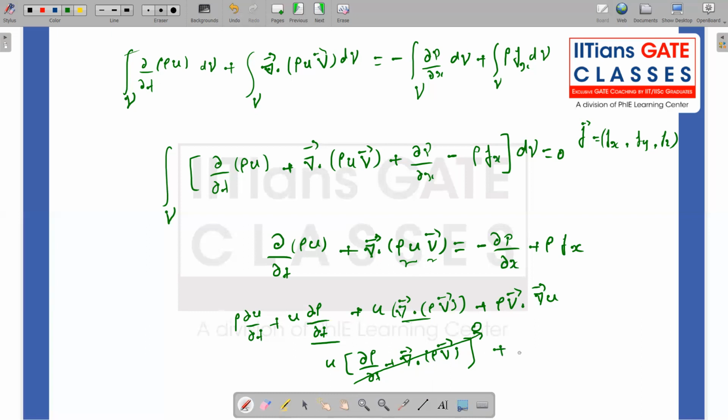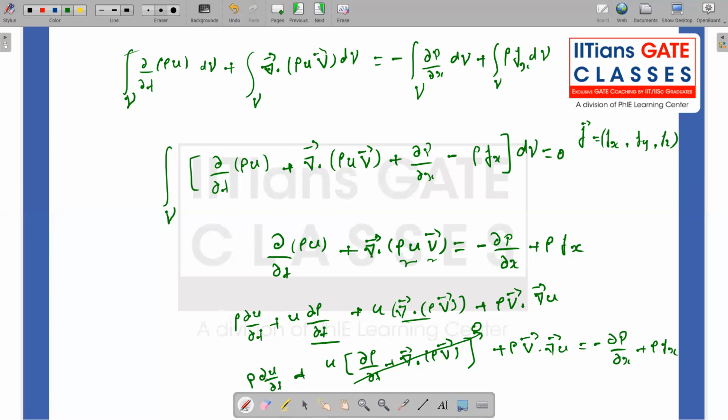So I have rho v dotted with the gradient of the u component of velocity equal to minus dou p by dou x plus rho fx, and I have one more term over here, that is rho times dou u by dou t.